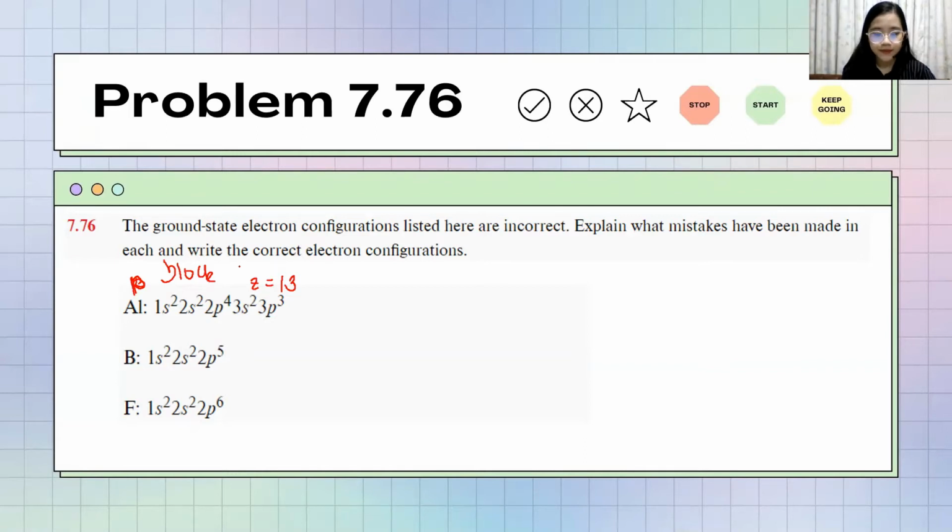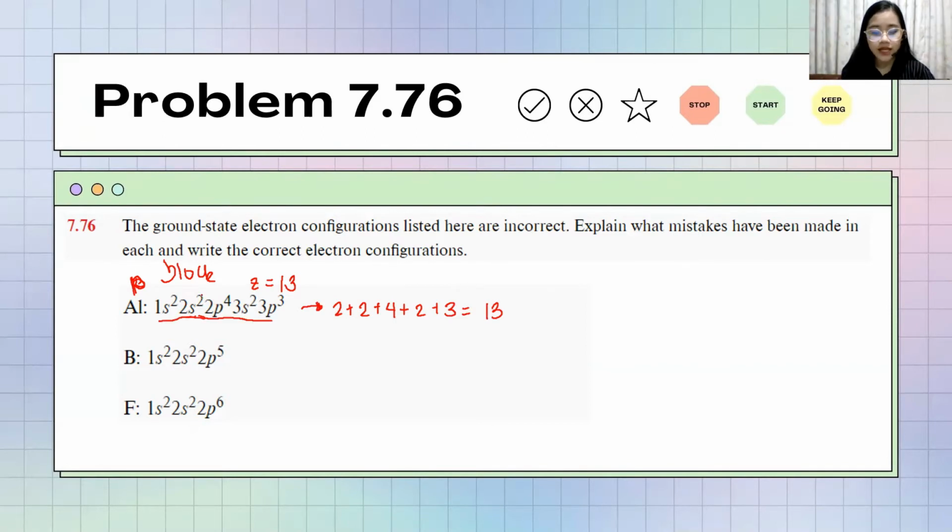So if we add here the electrons, 2 plus 2 plus 4 plus 2 plus 3 is equal to 13. It's the same. So what is the problem here?